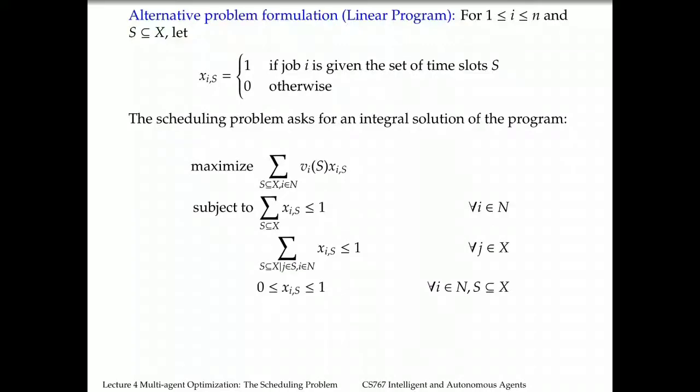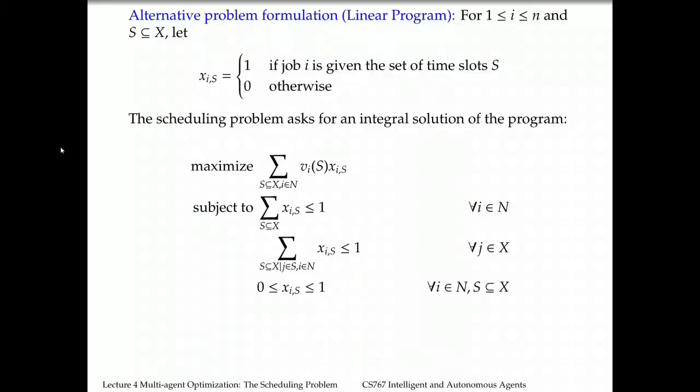Right. So if we have this formulation that's equivalent to the problem that we want to solve, an integer solution for this problem will correspond to a solution of the original problem, and of course one can use linear programming to solve this task.